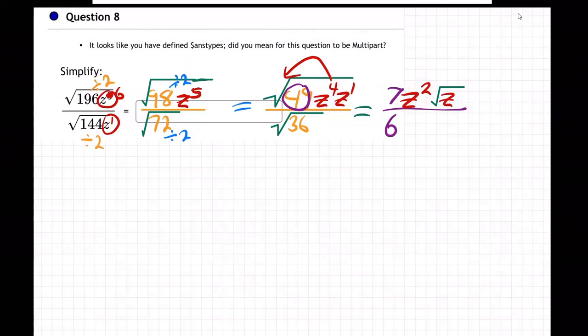The Z squared comes out the front and is gone. Half the power, right? But the other Z has to stay in. So the only thing left in a root that couldn't be rooted was that leftover Z. Like that. And so there we go. We got our answer.